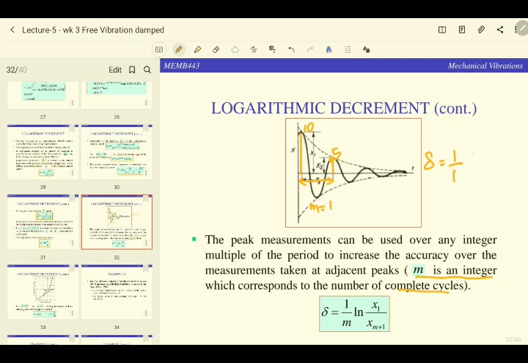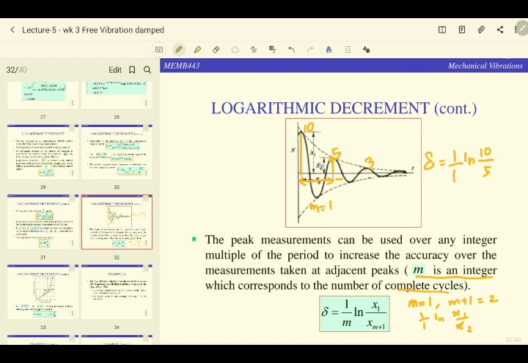So it's just 1 over 1 ln of x1 over x2, which is 10 over 5. What it means here is m: if m equals 1, then m plus 1 equals 2. It's just saying 1 over 1 ln x1 over x2. That is easy, isn't it? So if I say, let's say the second cycle, the value is 3.